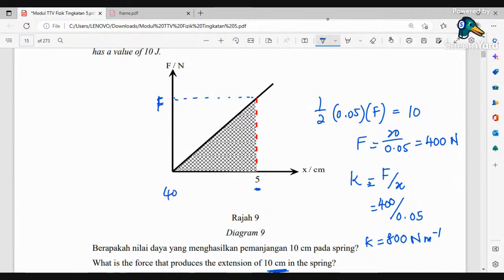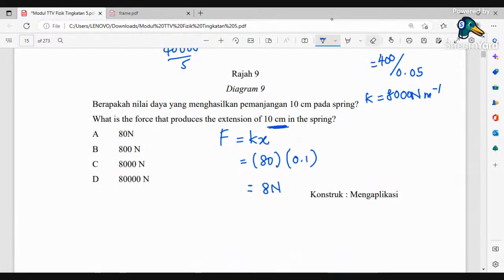Okay, 40,000 divided by 5. So it's 8,000 actually, yeah, 8,000. So here should be 8,000. So the answer will be 800 Newton.